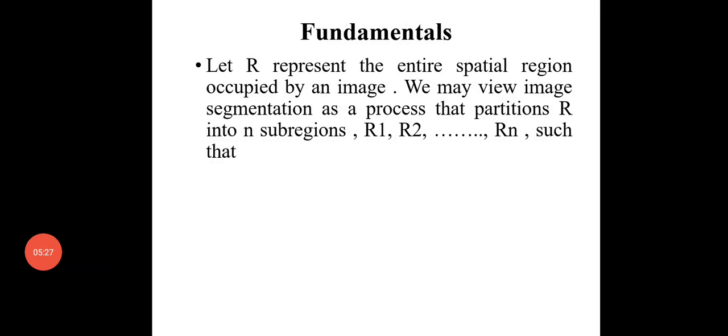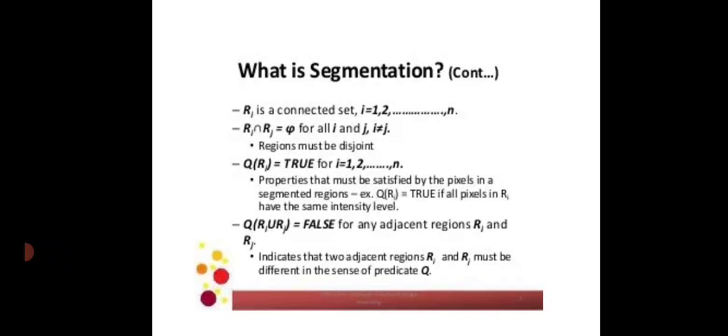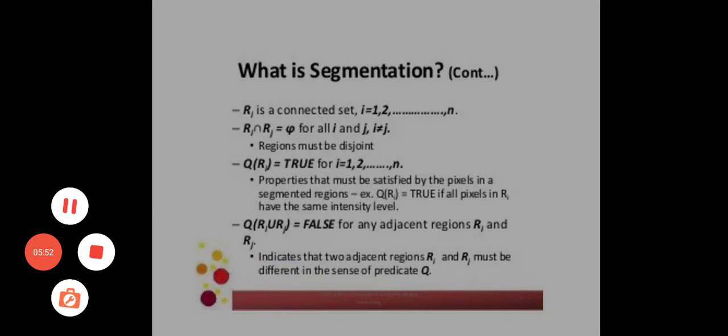Then our next topic is what are the fundamentals of image segmentation. Let R represent the entire spatial region occupied by an image. We may view image segmentation as a process that partitions R into n subregions, that is R1, R2, up to Rn, such that the following hold.